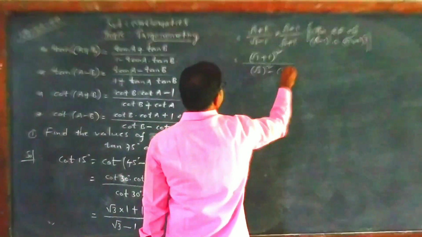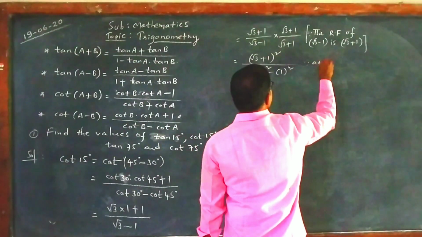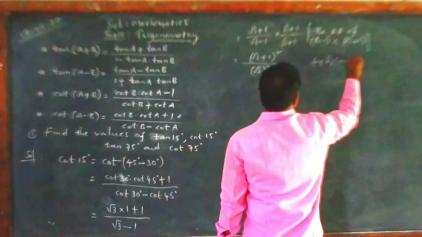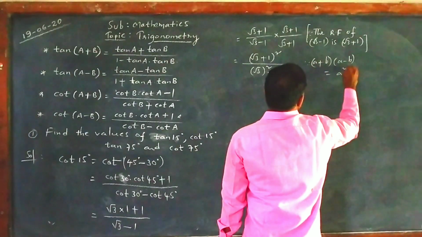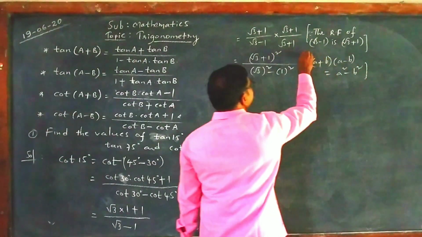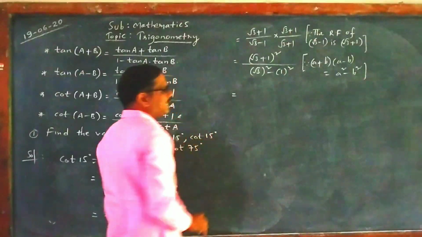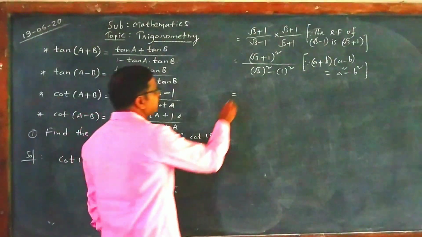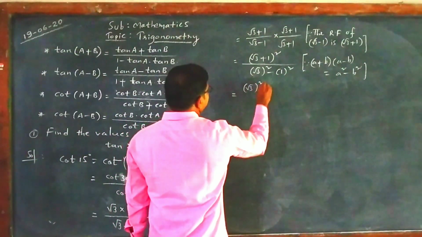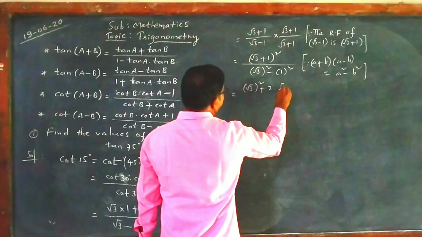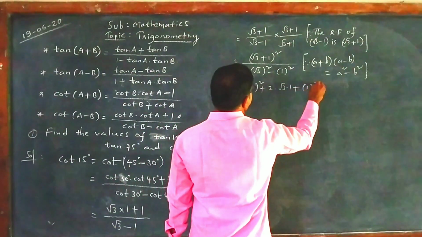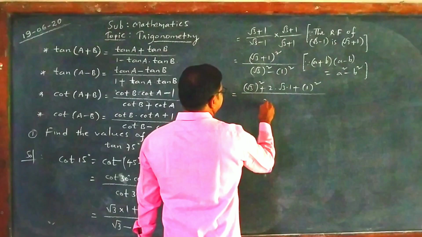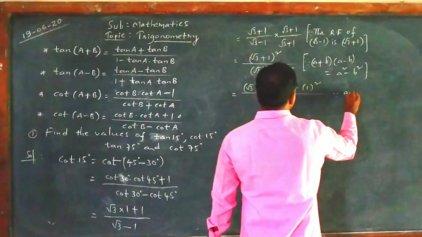A square minus b square, since a plus b into a minus b is equal to a square minus b square. Now the numerator looks like a plus b whole square. What is the formula? A square plus 2ab plus b square by 3 minus 1. So what did I use?